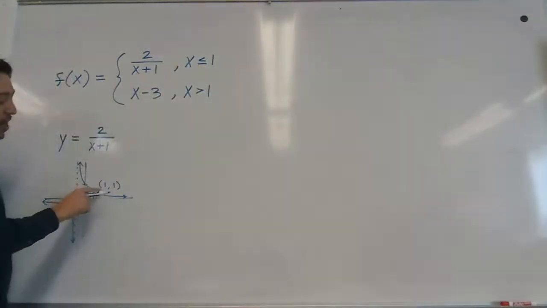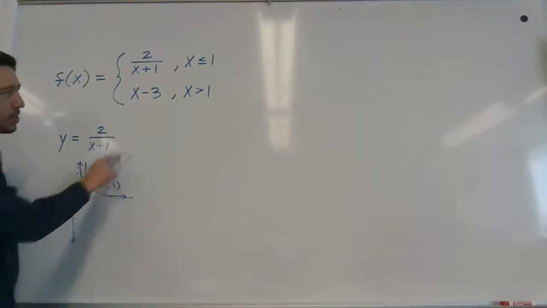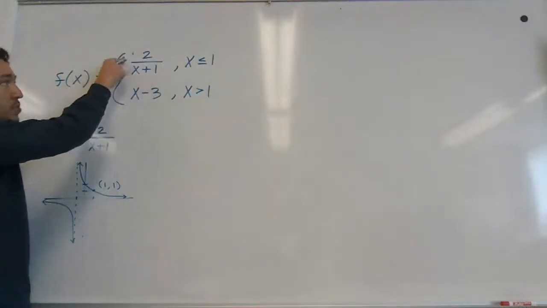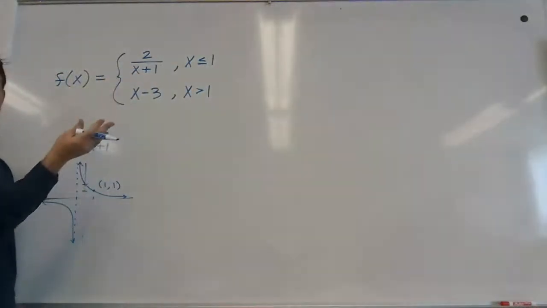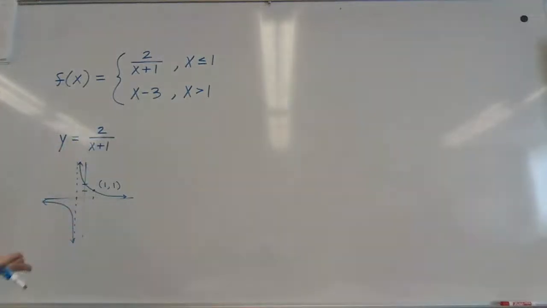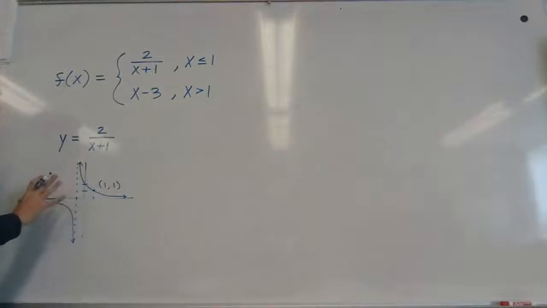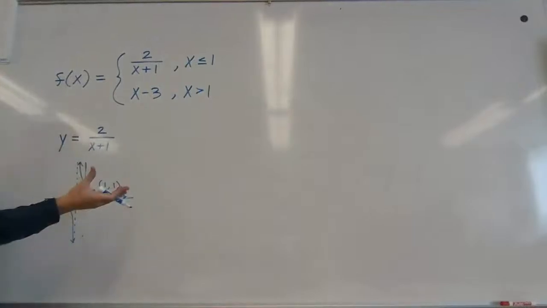So the answer is I'm really interested in what happens when x is 1, because that's the x value where the function changes from this rule to this rule. That's going to give me valuable information about how the function behaves. By the way, what half of this graph am I going to end up working with in my final answer? To the left of 1 or to the right of 1?